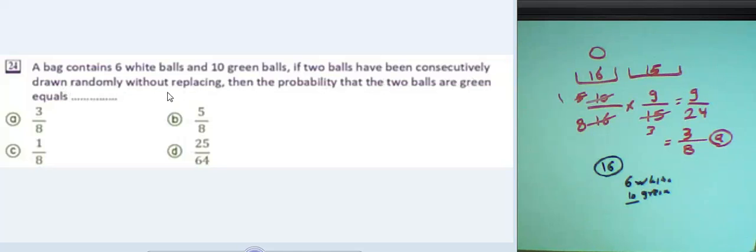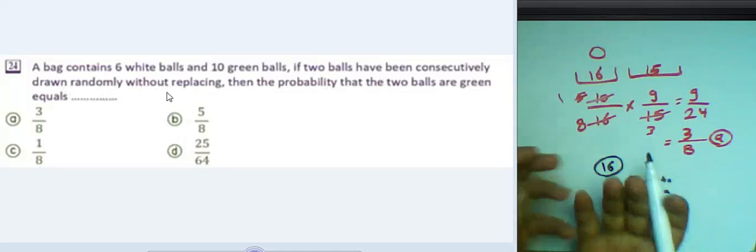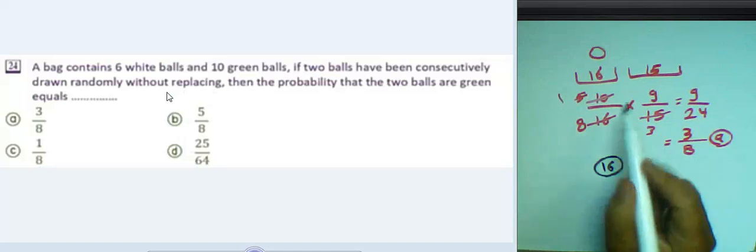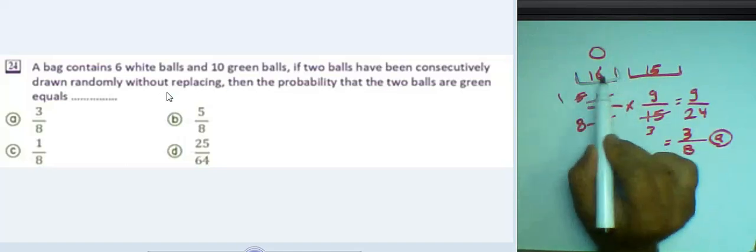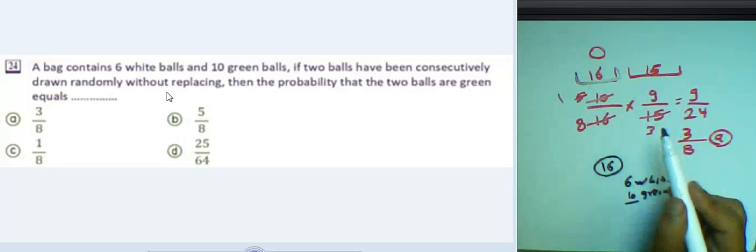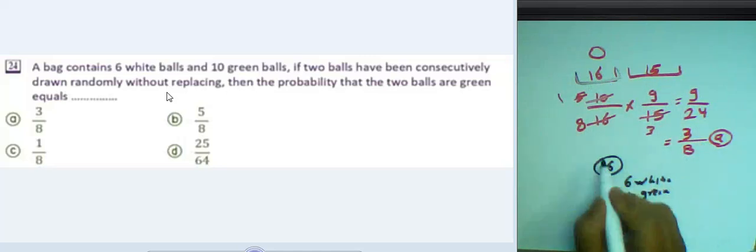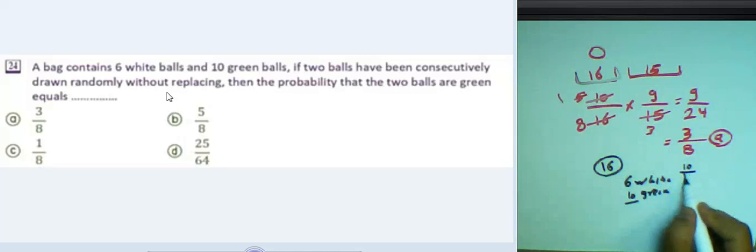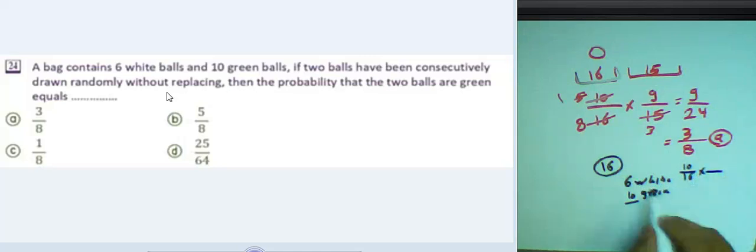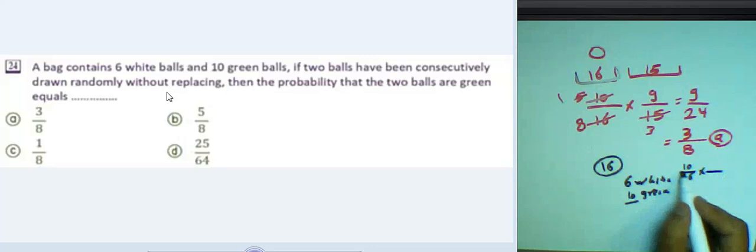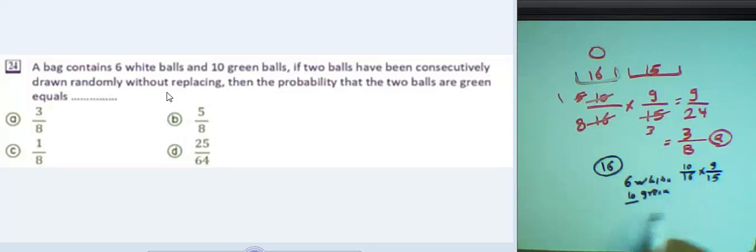This phrase without replacing means if you take 1 ball from the bag, from 16, the remainder will be 15. So in the first draw you get 10 from 16, and in the second draw you get 9 green from 15 balls. The result will be 3 over 8.